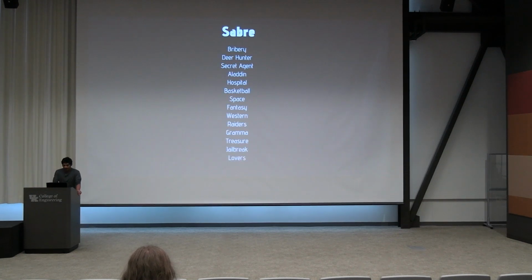We have 14 problems that we use to benchmark Sabre, and here is a list of them. We run the Sabre algorithm on these problems, and we get plans, or sequences of actions, as I showed you earlier, out of these benchmark problems.